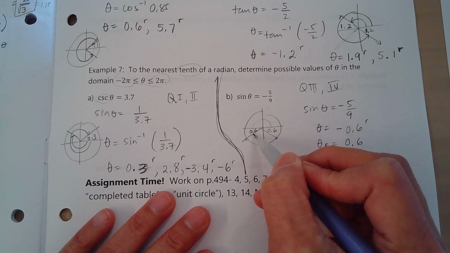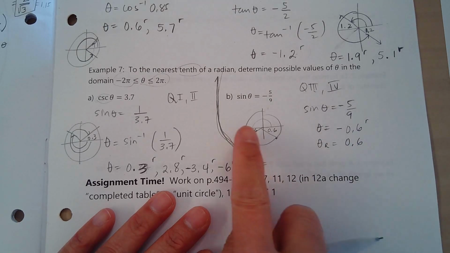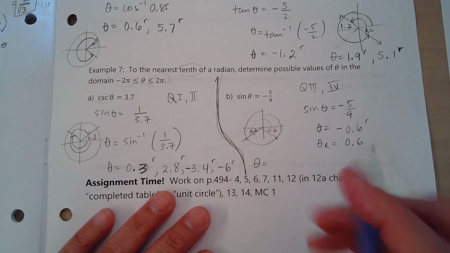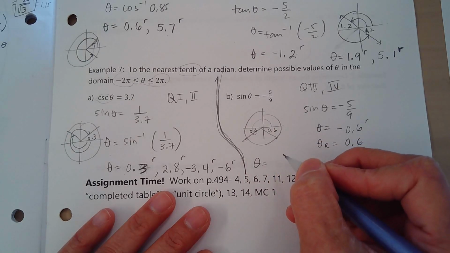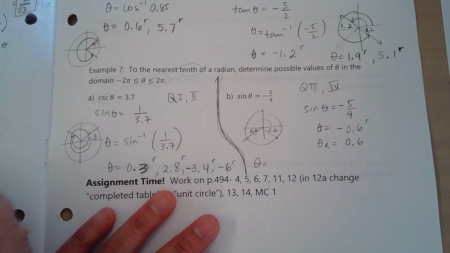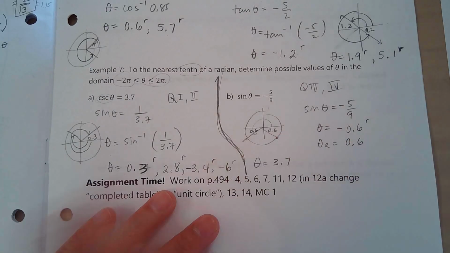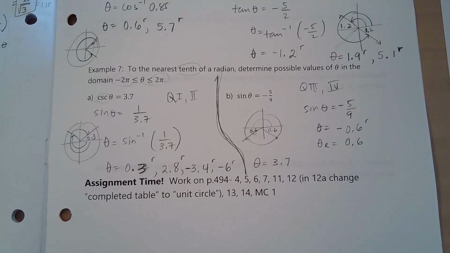From here to there is going to be pi plus 0.6. It is exactly like that, but instead of 180 plus, it's going to be pi plus.